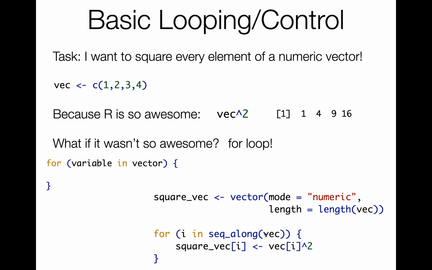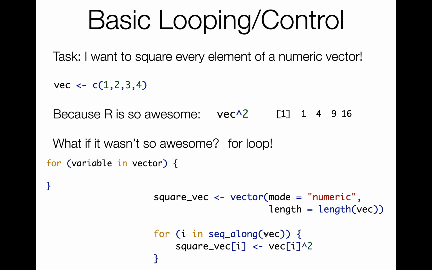That's not necessarily needed. It might seem weird, but you don't have to specify the length of a vector beforehand for a for loop to work. R is weird like that. If you are computer science based, that would actually seem weird to you. You don't have to, but I did here. So anyway, I've got a square vec.